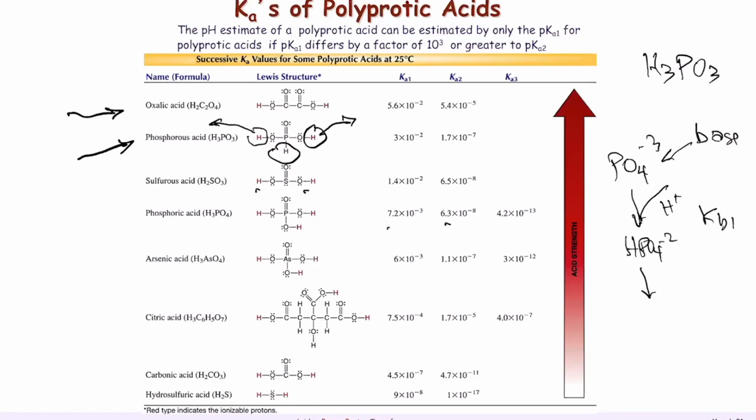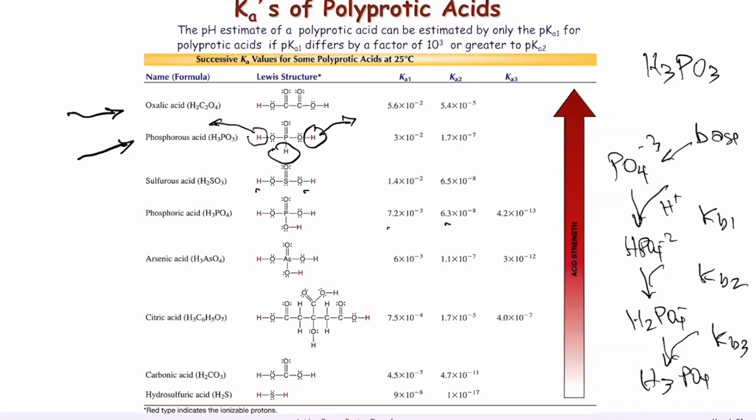When it adds a second hydrogen, that's Kb2, and it becomes H2PO4 minus, and when it adds a third hydrogen, that's Kb3. Okay, so the 1, 2, and 3 indicate the sequence by which hydrogen is either released or added.